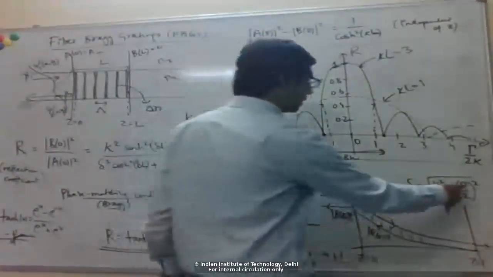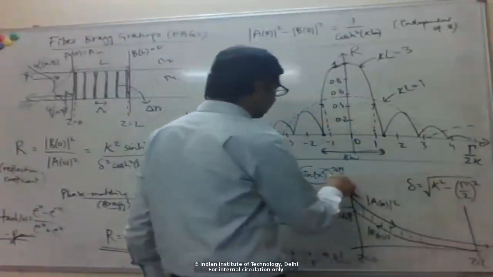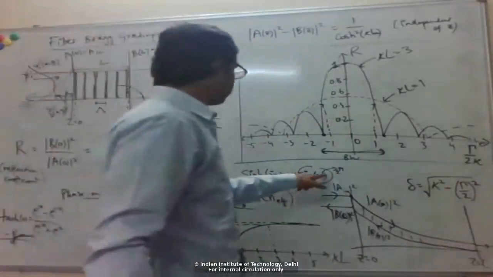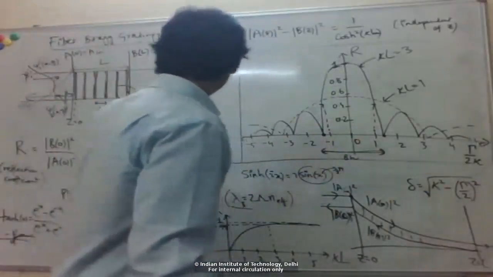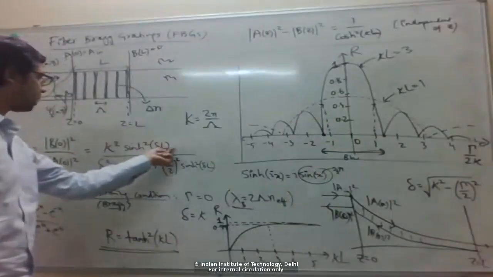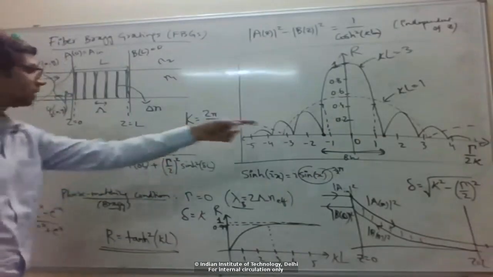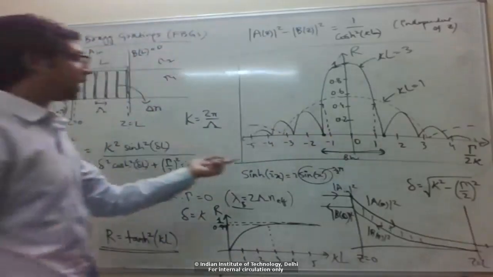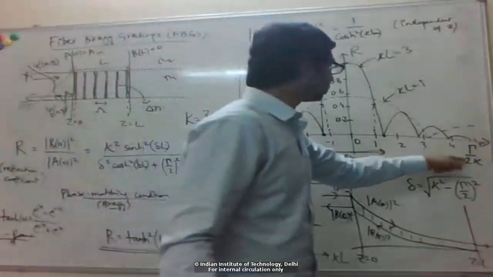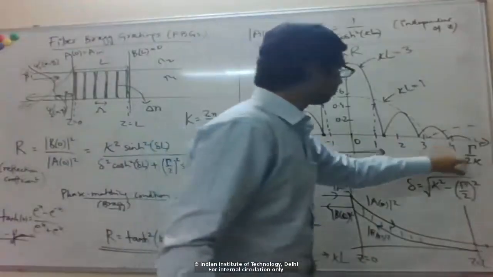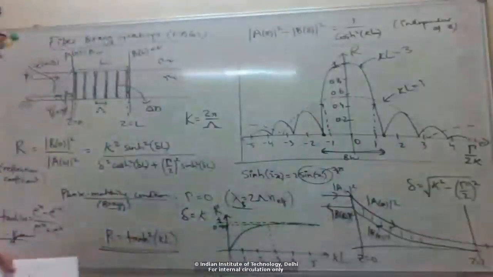But when that quantity's magnitude becomes pi, then this will become sine, and when that argument becomes plus or minus pi, then the reflection coefficient becomes 0. Okay, so you can find out where that happens for which values of gamma, right, you can easily do that using this relation and equate it to pi.